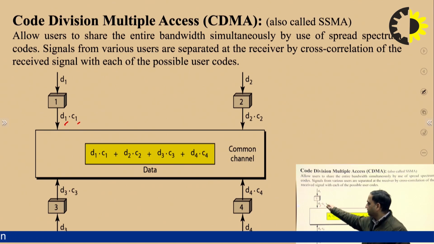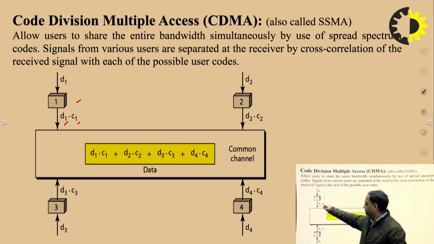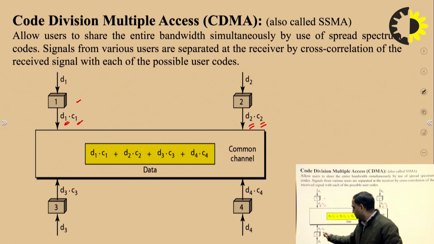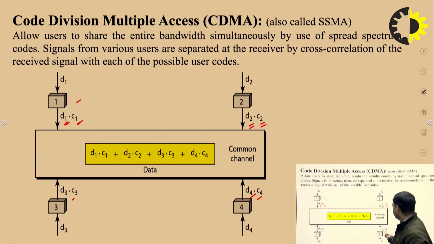So source 1 transmits the symbol D1 by using the code C1. Similarly, D2 is the symbol transmitted by user 2 with the help of its pseudo code, and similarly D3 with C3 and D4 with C4.